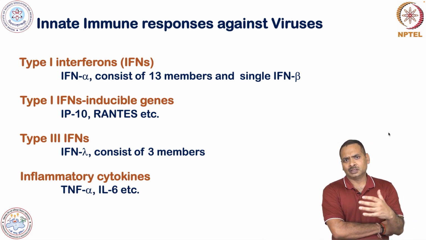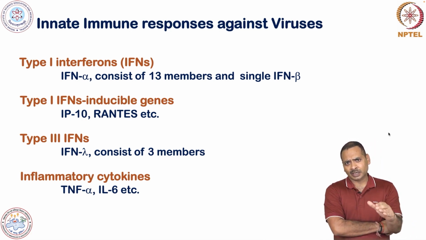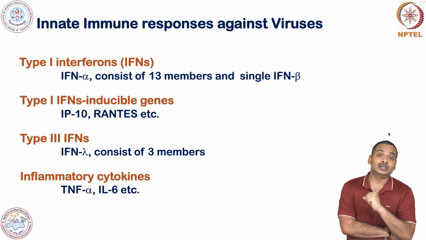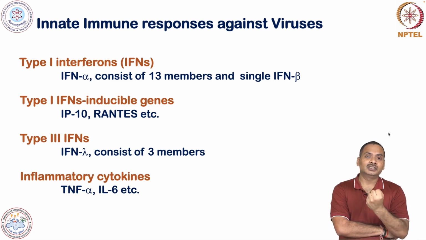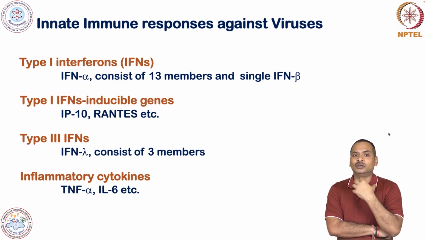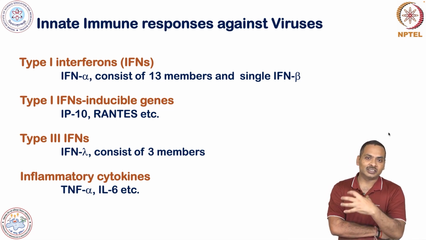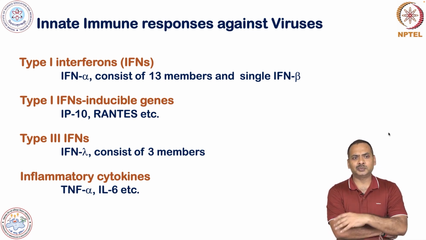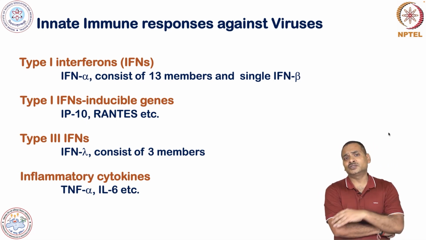Type 1 interferon is checking the viral replication, and inflammatory cytokines are basically a kind of alarm system in the body. They are produced and then trigger the alarm in order to recruit more professional killer cells at the site of infection.